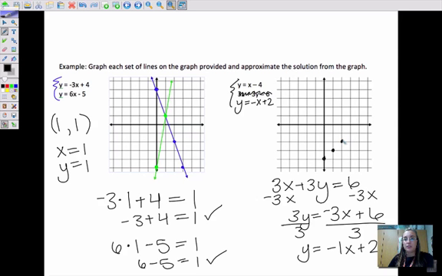Okay? So I'm going to do x minus 4. That would be a y-intercept of negative 4 and a slope of 1. And then I'm going to do negative x plus 2, starts at 2, has a slope of negative 1.